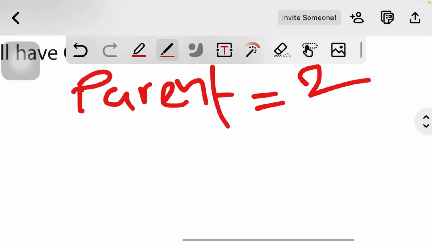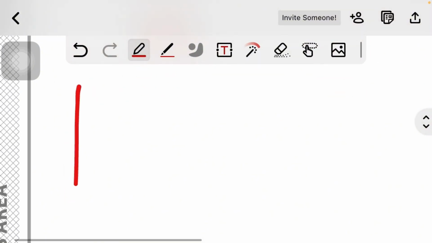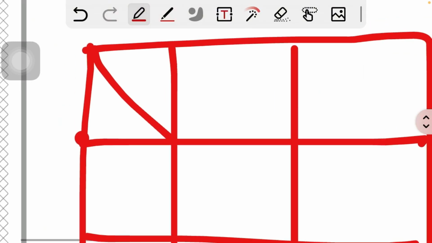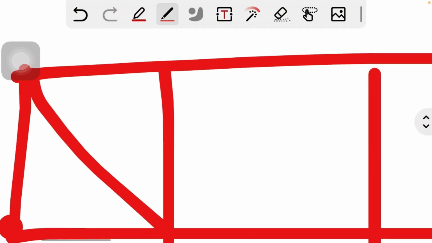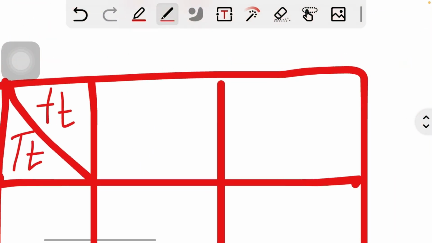Okay, so the crossing over, and this is a very easy technique of doing crossing over. Like I usually do it like this. It makes the maths more clear. So parent 1 is recessive, parent 2 is this.